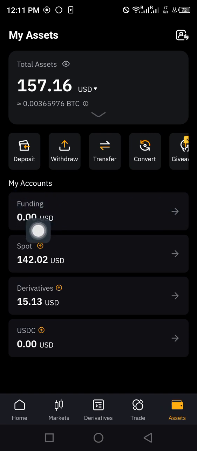Here's the funding, the spot, the derivatives, and the USDC. I'm so sorry I did not take note, my money is already in my spot session. But peradventure yours is either on your funding or your derivatives. All you need to do is to click on this transfer icon here. Once you click on it, it moves your funds to this spot session, making it available for you to carry out any trade on this your spot or trade session.